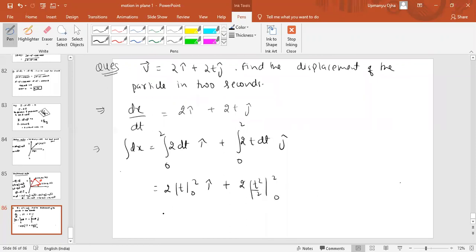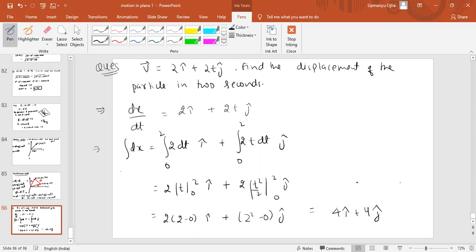So you'll get 2 minus 0 i cap plus 4, means 2 square minus 0, j cap. So we are getting 4 i cap plus 4 j cap.